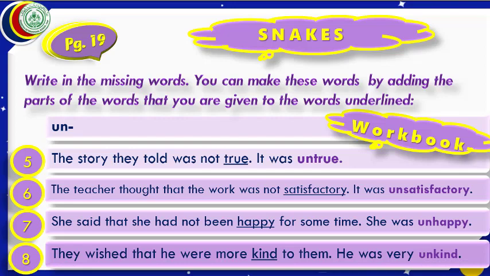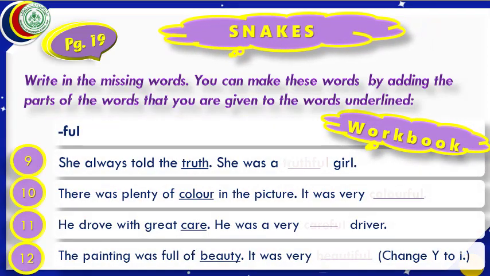Yes, students, let us move to the next slide. Yes, here we shall add this full at the end of underlined words. She always told the truth. She was a truthful girl. There was plenty of color in the picture.